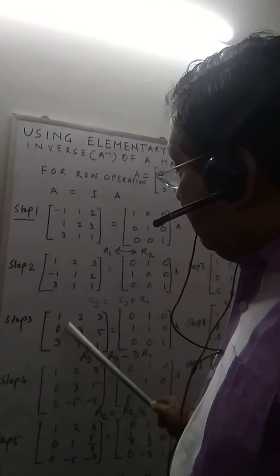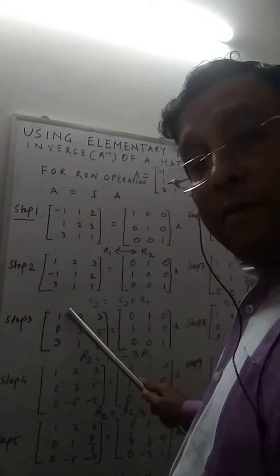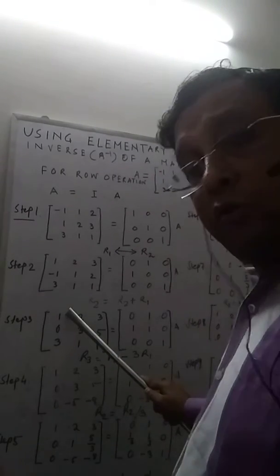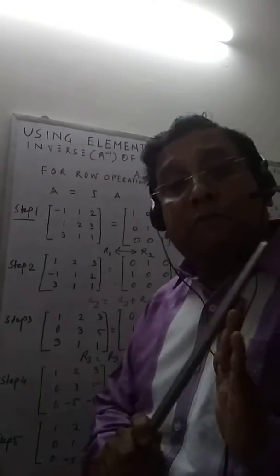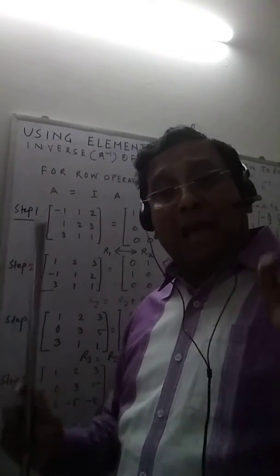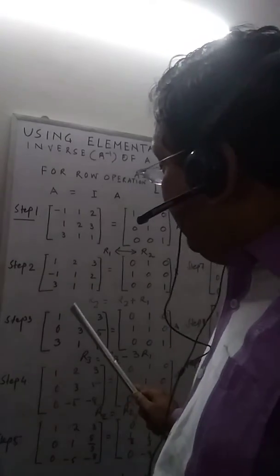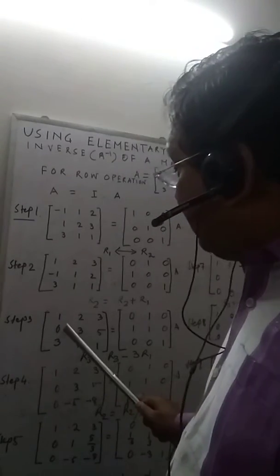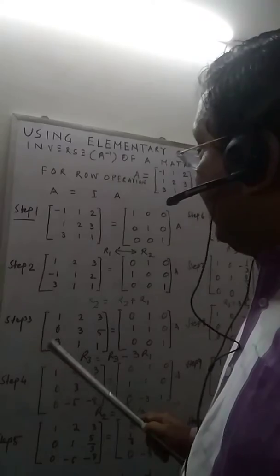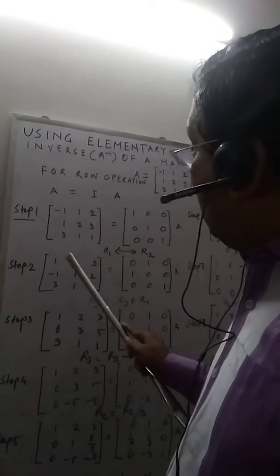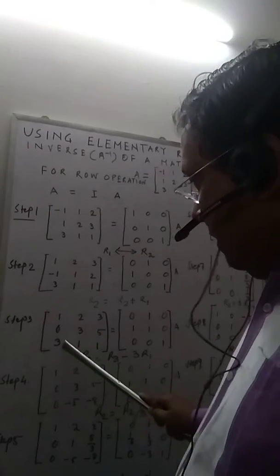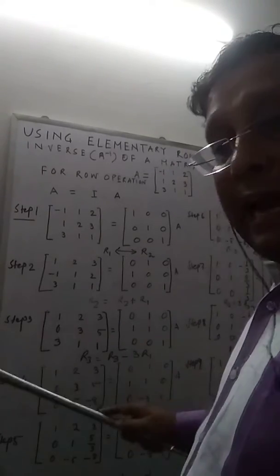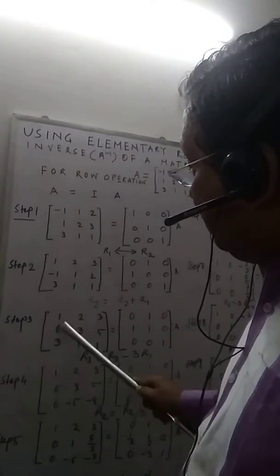These 2 will be turned into 0 using this 1. You remember, not? I have to make this 0 using this 1, no other alternative way. If you follow my algorithm, always remember I will use this 1 to make the other part 0. My target is that first I make this 1, then I will turn this into 0, 0 and 0. Okay? So my next target is to make this first column 0, 0.